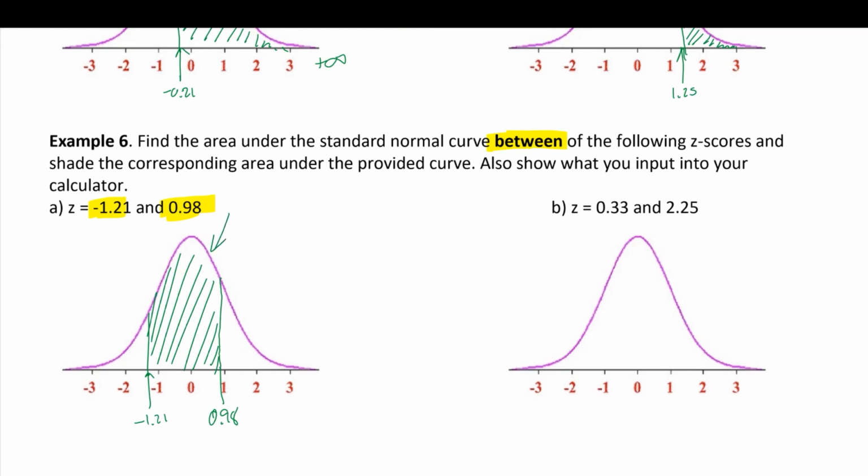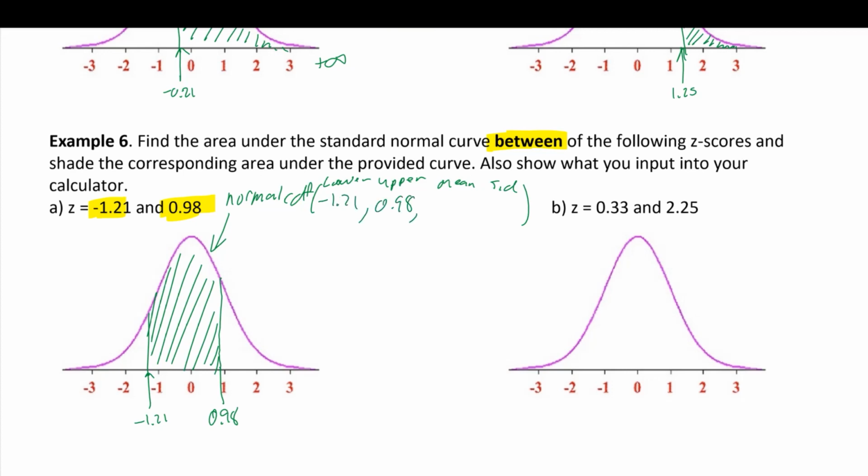Okay, so we find that using the normal CDF. We have lower, upper, mean, standard deviation. Our lower bound this time is negative 1.21, the leftmost value of the shaded region. Upper, 0.98.